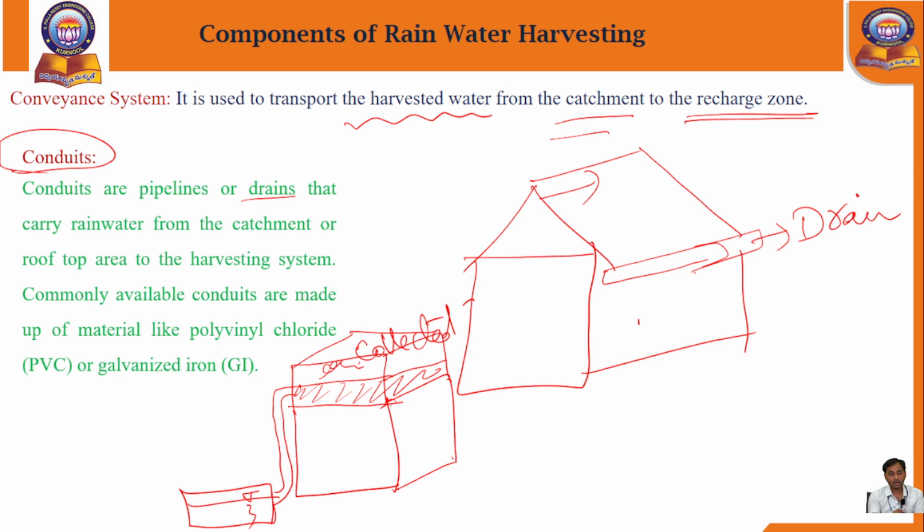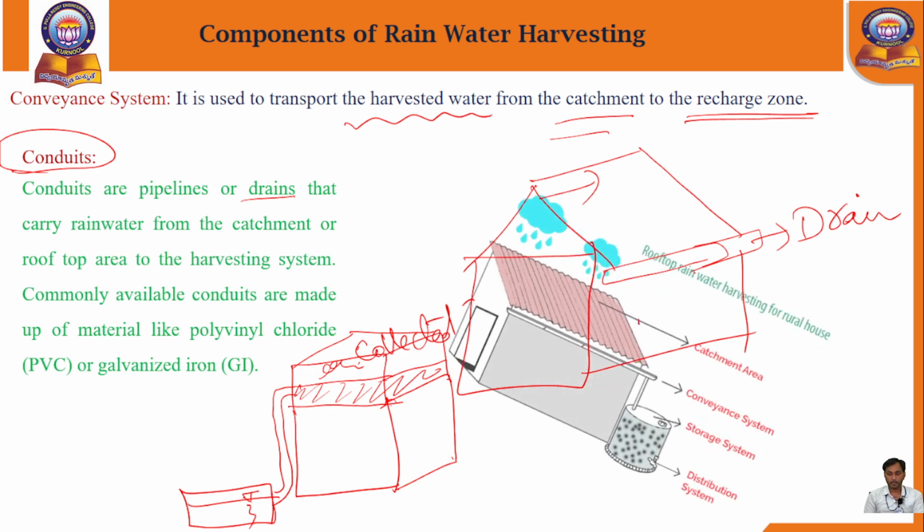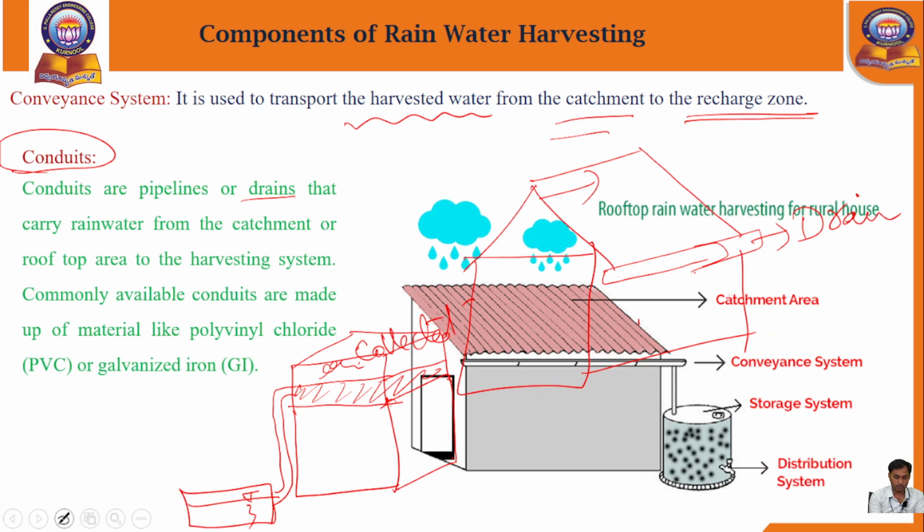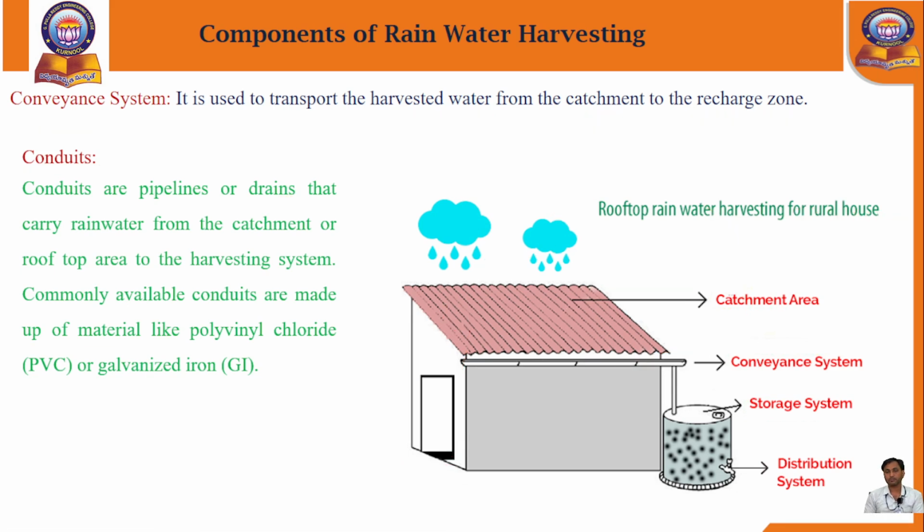Conduits are the pipelines or drains that carry rainwater from the catchment area or rooftop to the harvesting system. They are commonly made of PVC pipes, galvanized iron pipes, or small steel pipes that we can use for the transferring purpose. You can observe a small image here.